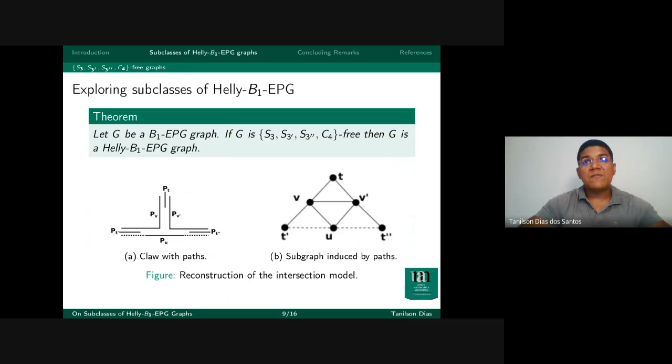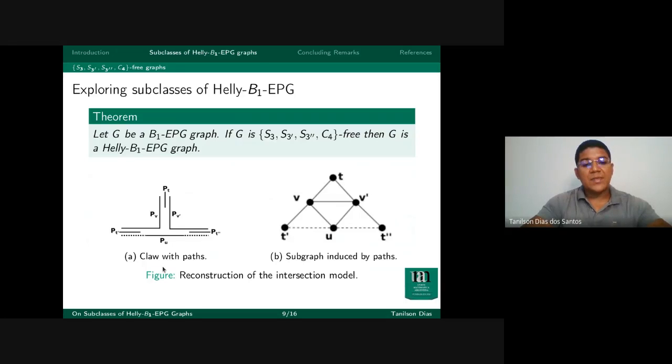If this occurs, then there exists one clique of this representation that is represented by a claw clique and not by an edge clique. So, give me this representation, and in particular, give me this claw clique.